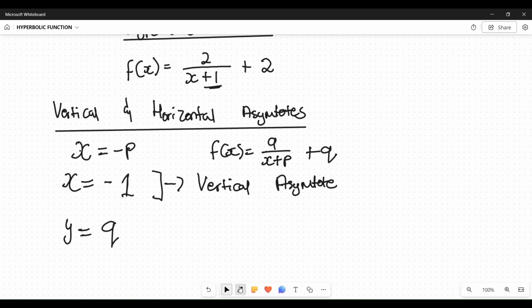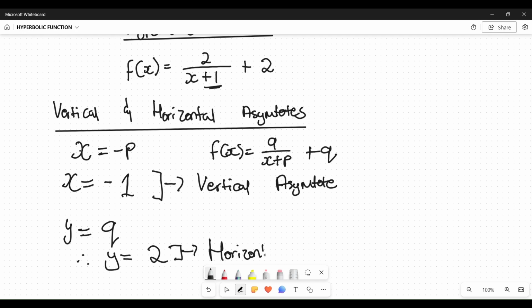Therefore y equals 2 is our horizontal asymptote, and x equals negative 1 is our vertical asymptote.